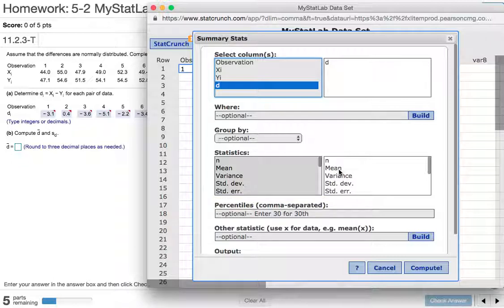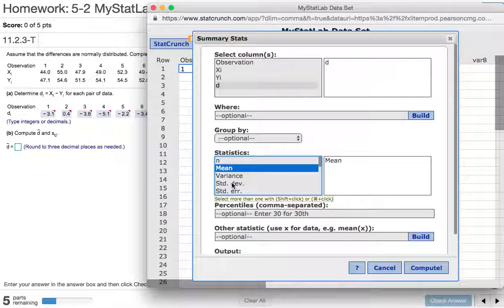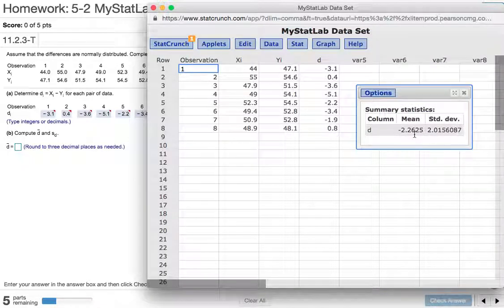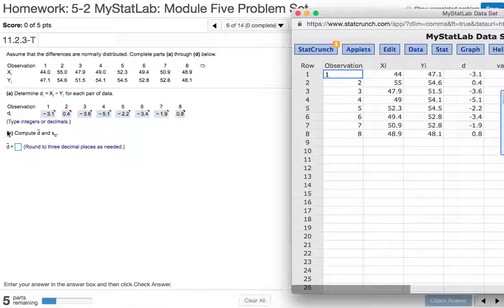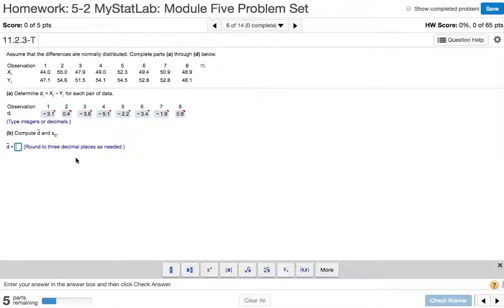We just need the mean and the standard deviation, so we could just pick those two if we want to, or we can do all of them. It doesn't matter. So here we have the mean. It says round to 3 decimal places, so it's negative 2.263.